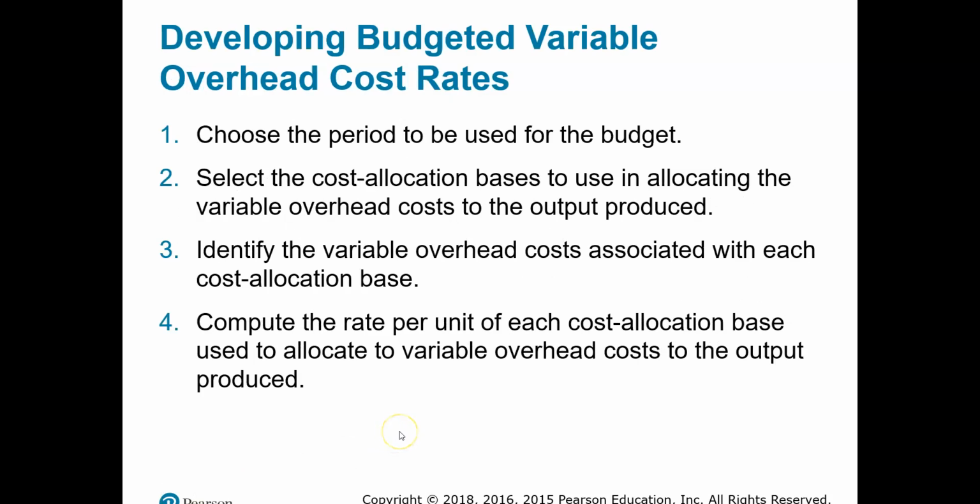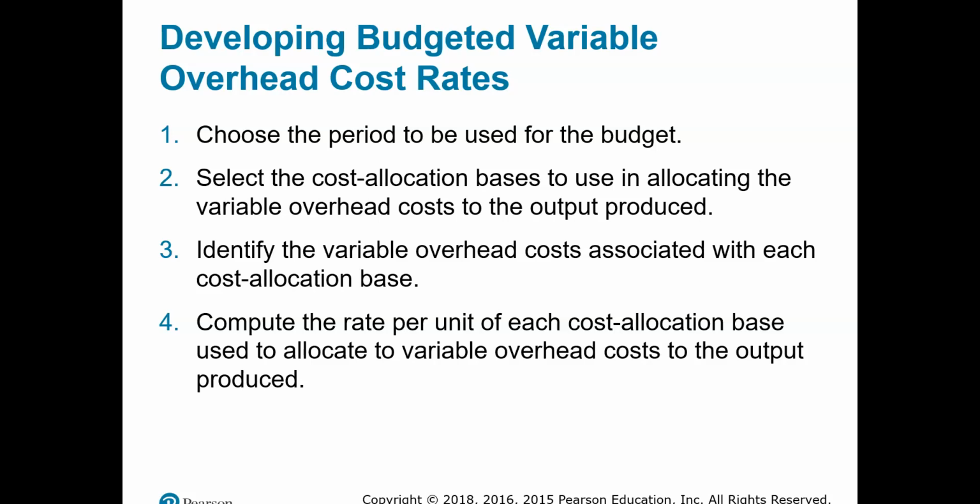So how do we develop variable overhead cost rates? Well, variable overhead cost rates and fixed overhead cost rates use the same steps that we learned about in Chapter 4 under job costing. How do we compute overhead allocation rates? First of all, we want to choose the period that we're going to use for the budget, whether it's a month or a quarter.